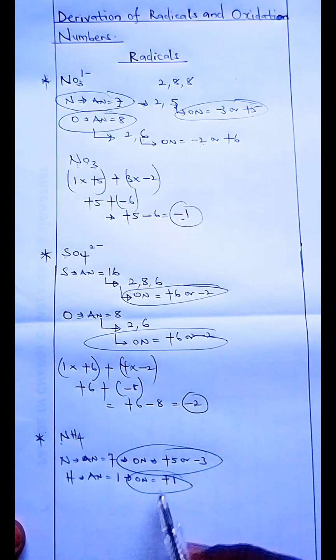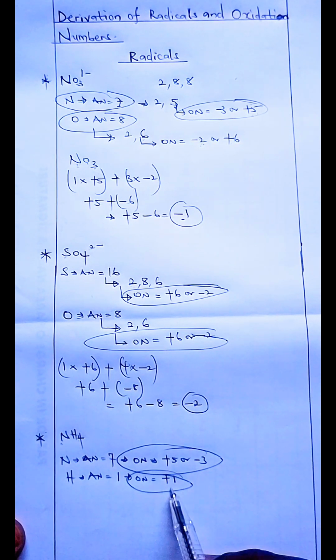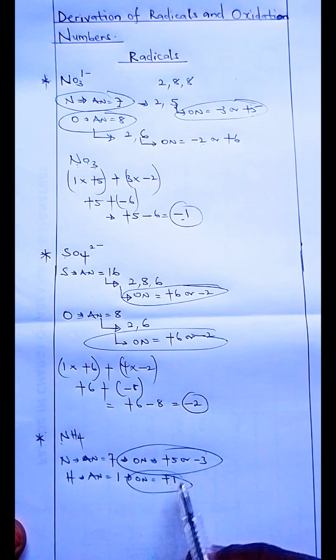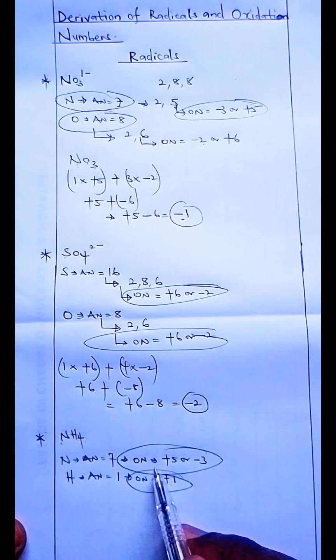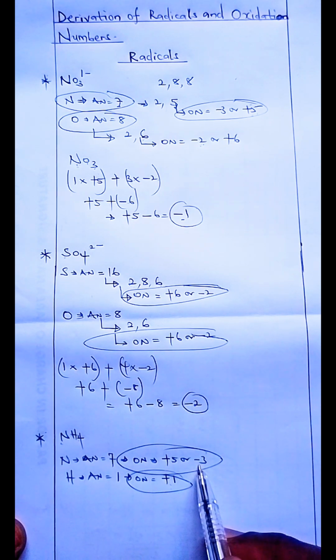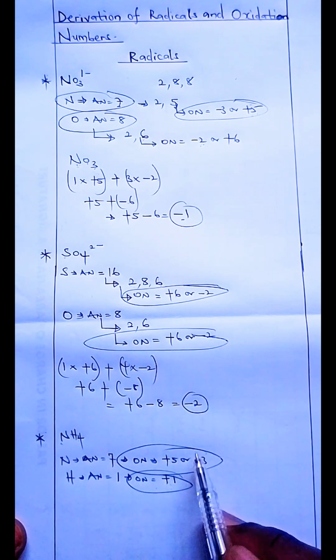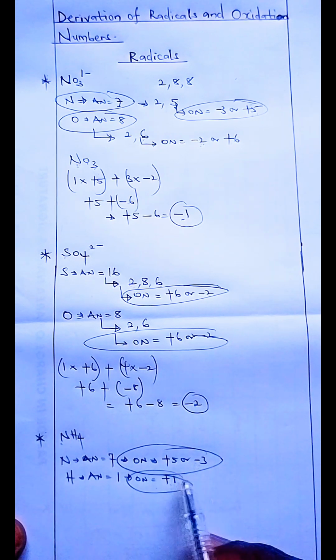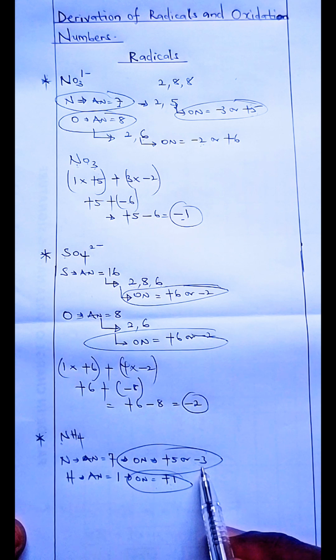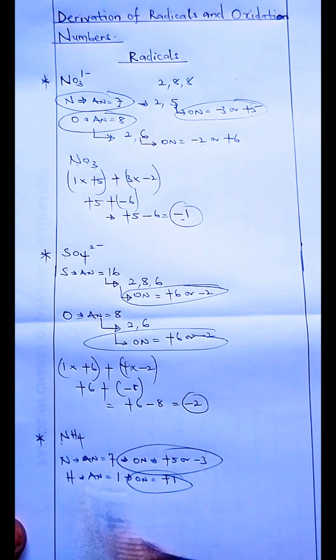Don't forget here, we need 1 positive and 1 negative. Since hydrogen has a positive oxidation number, the nitrogen should be negative. One has to be positive and the other has to be negative. So we're going with the negative oxidation number for nitrogen and the positive oxidation number for hydrogen.